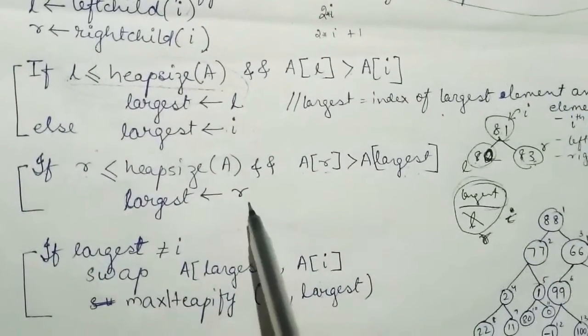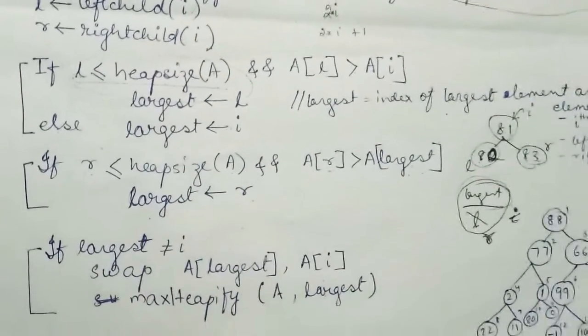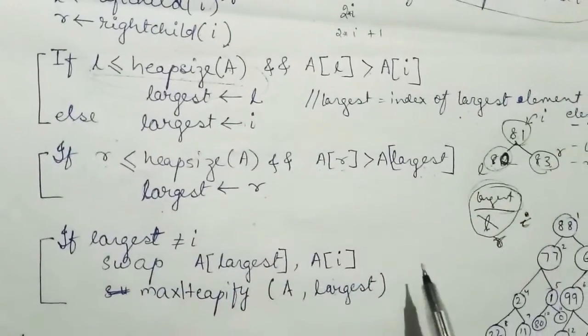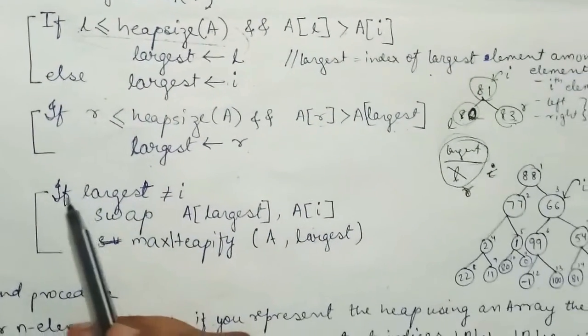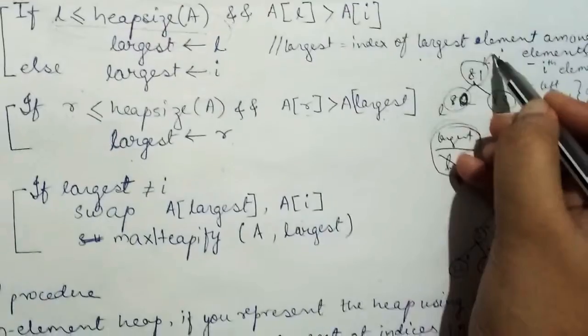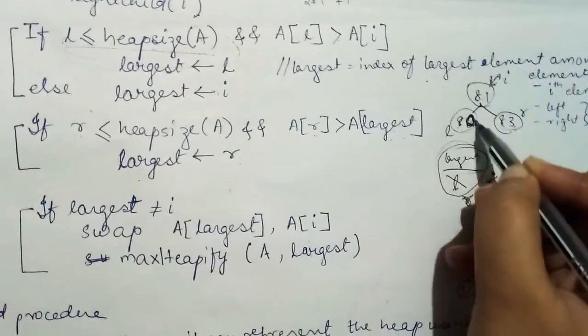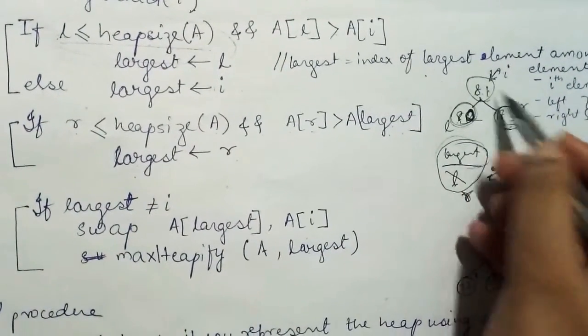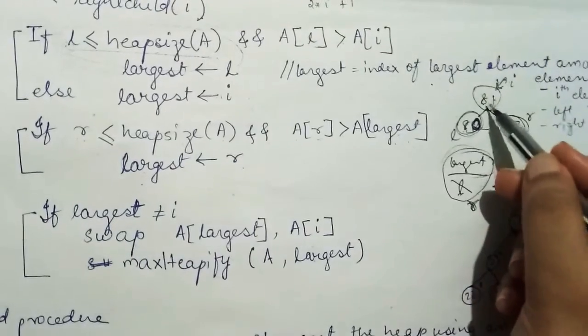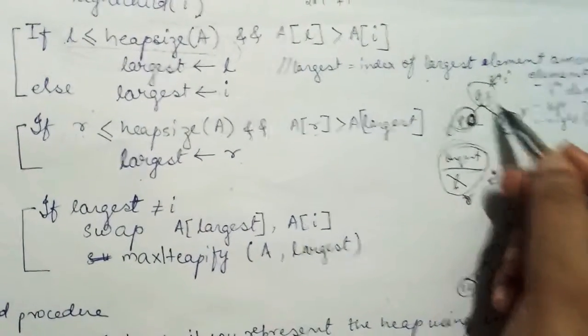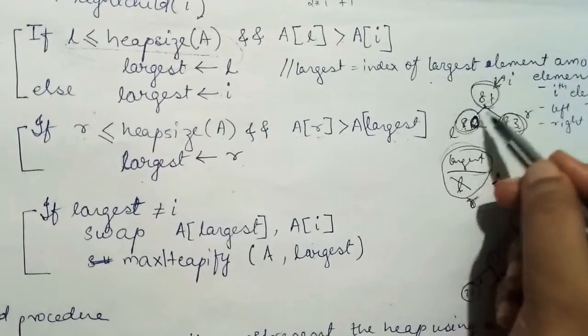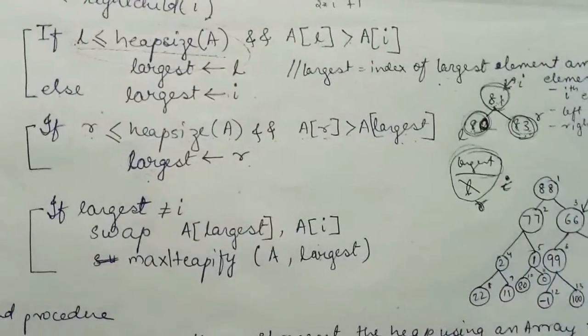So largest is R. There is no else, because we don't have any other condition left. If this element is larger than these two values, then obviously we do not have to change anything, because in a max heap the parent is greater than the children nodes.